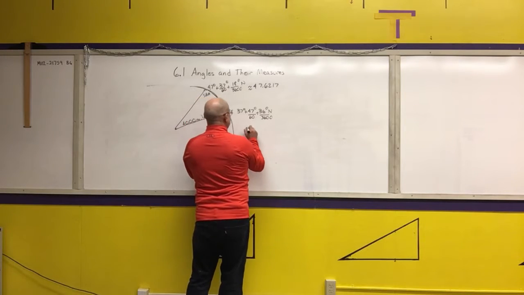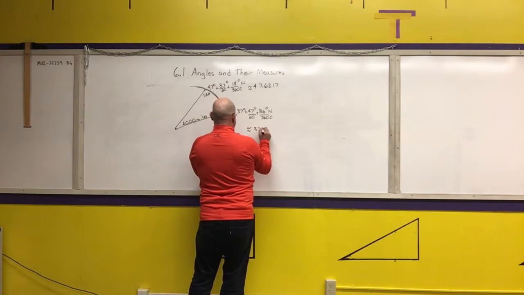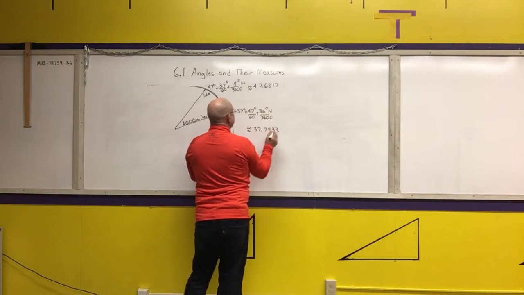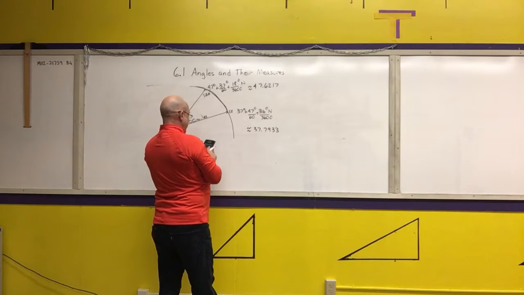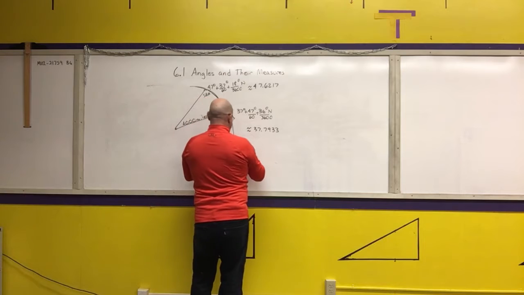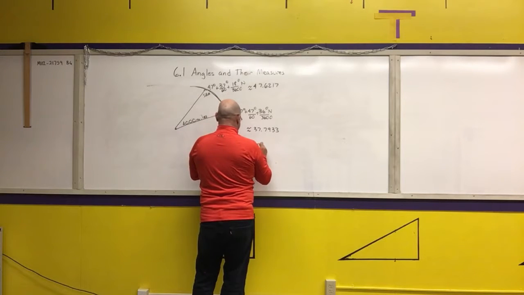That's 37.7933. I'm going to do 47.6217 minus 37.7933, approximately 9.8284 degrees. That's 8284.